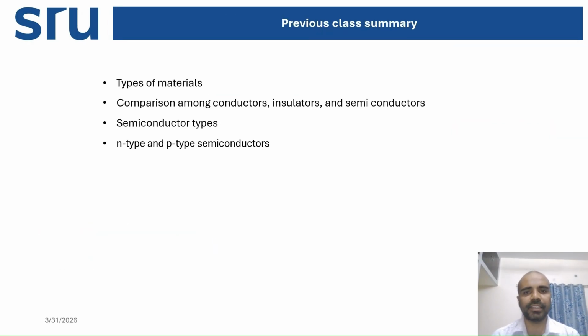In our previous class, we went through the types of materials based on their conductivity or resistivity and band structure. As per these, materials can be classified into three major categories: conductors, insulators and semiconductors.